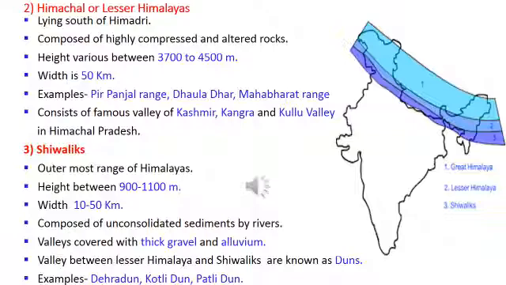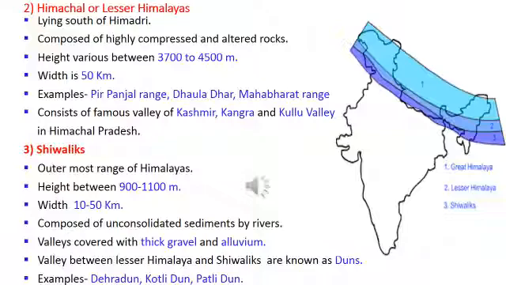Second type of Himalaya is Himachal or Lesser Himalayas. The range lying to the south of Himadri is known as Himachal or Lesser Himalayas. They are composed of highly compressed and altered rocks. The altitude varies between 3,700 and 4,500 meters and width is 50 km.